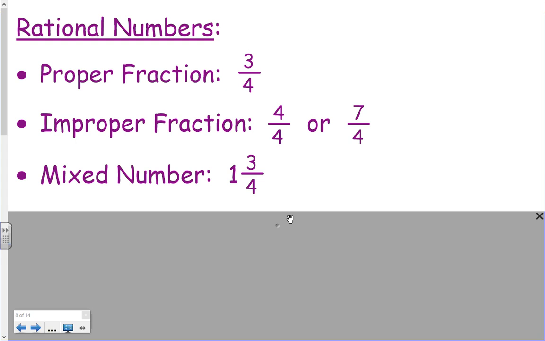If you go through and divide, you'll find, for example, the 7/4 turns out to be 1 3/4 when I divide that. That is, you write it as a whole number out front with a fraction after that, and that fraction is going to be a proper fraction. That's a mixed number. So that's what we know from rational numbers, and let's see how that applies to then rational functions, which was what this whole section is about.